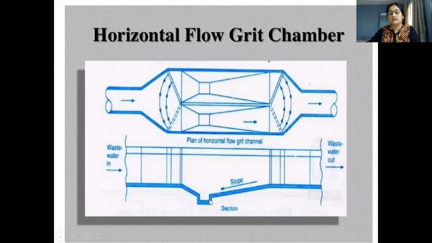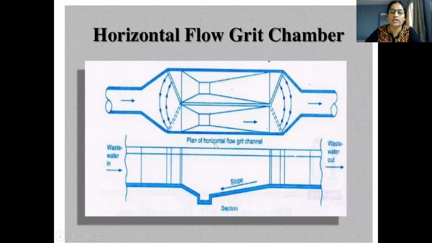While entering, a hopper bottom is provided. Because of the hopper bottom, the solid particles will come down first. Again, a slope is provided towards the outlet direction. Because the particles are heavier, they will not be raised up this slope, and automatically they will settle down into this portion. Once settled, they can be removed from the bottom side, and the water free from the grits will move forward to the other treatment processes.